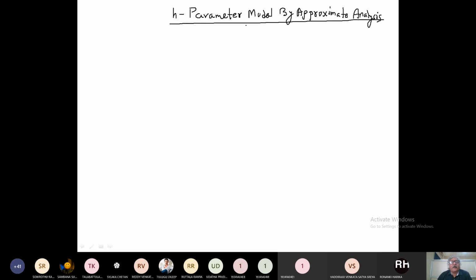So now in approximate analysis, if you have the value of the HO parameter, what is HO? HI is input resistance.